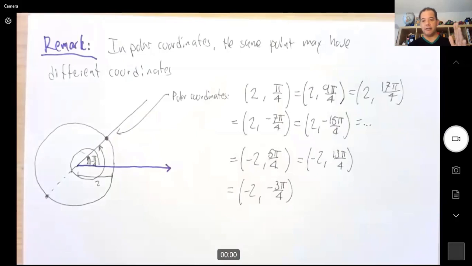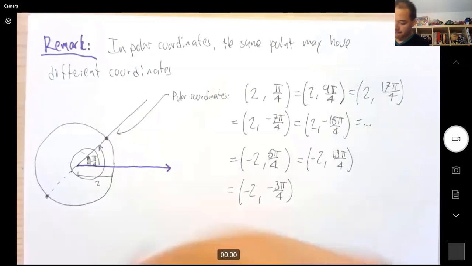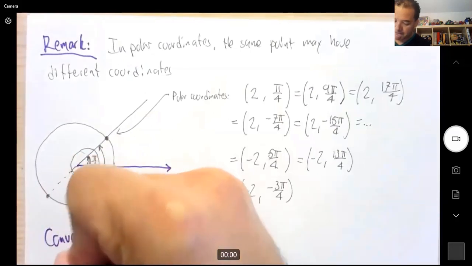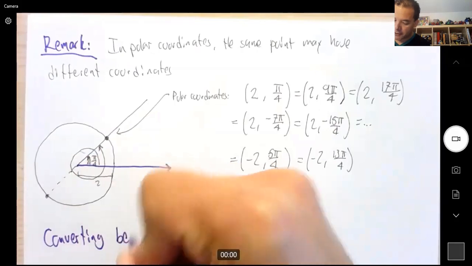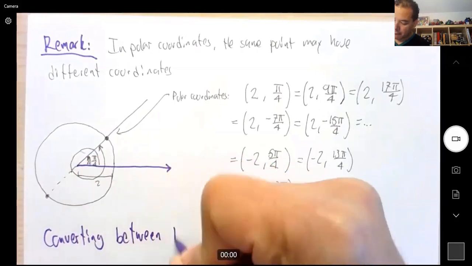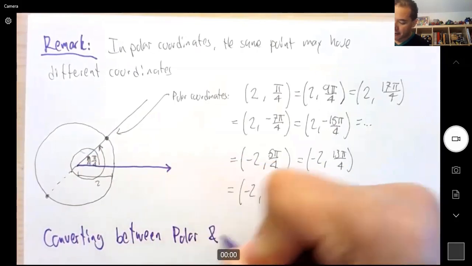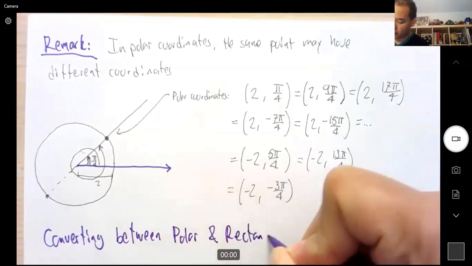How do we translate English to Spanish or Spanish to English? What's the dictionary? How can we connect one to the other? So that's our next topic here, converting between polar and rectangular coordinates.